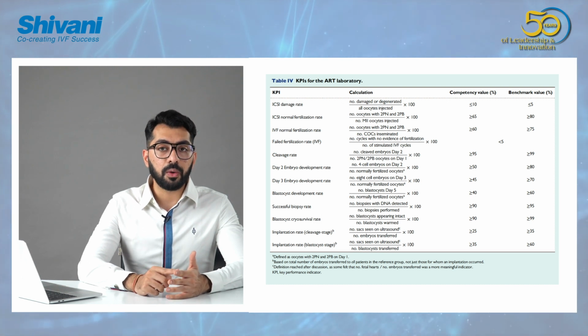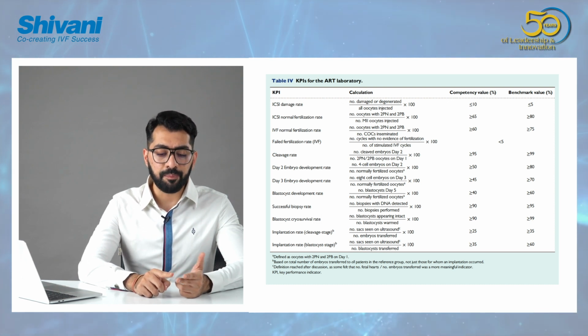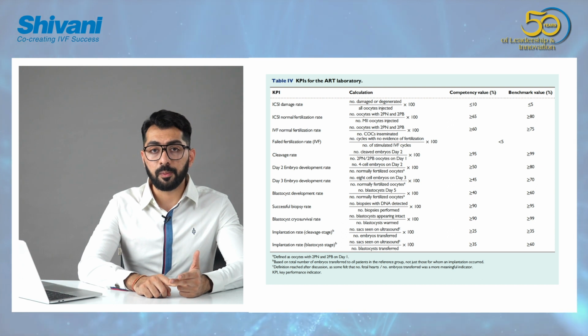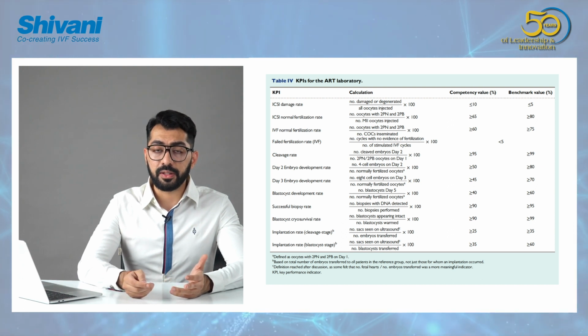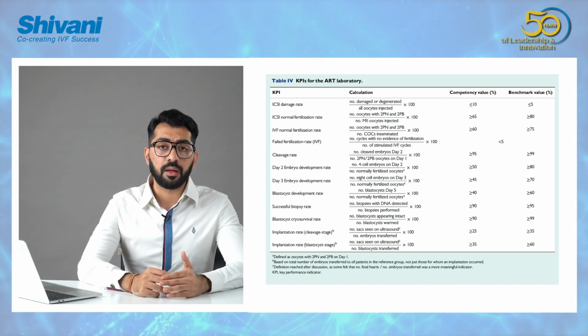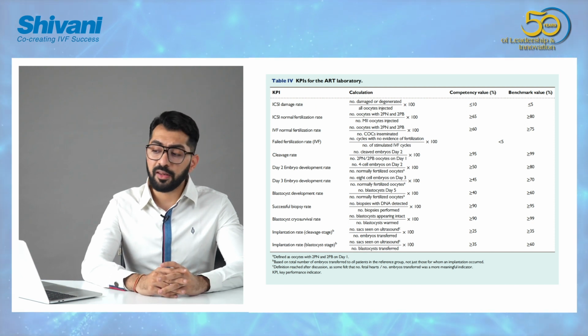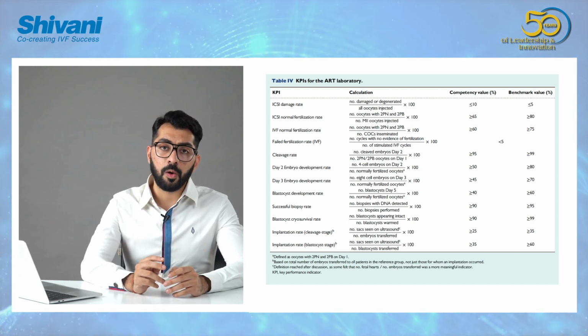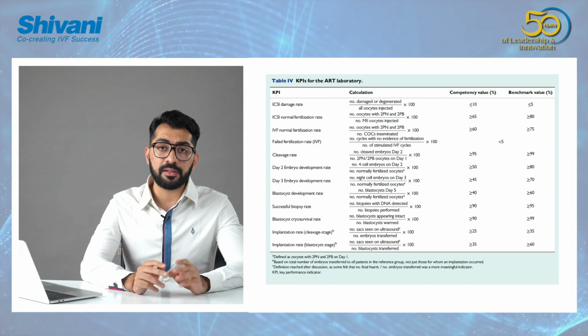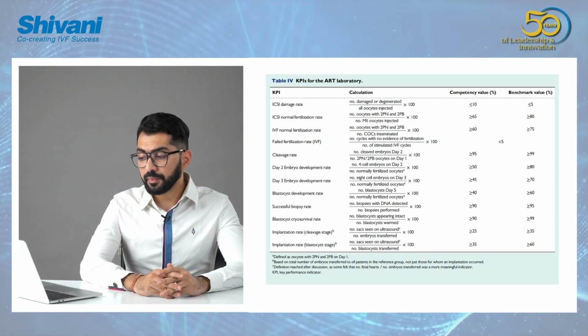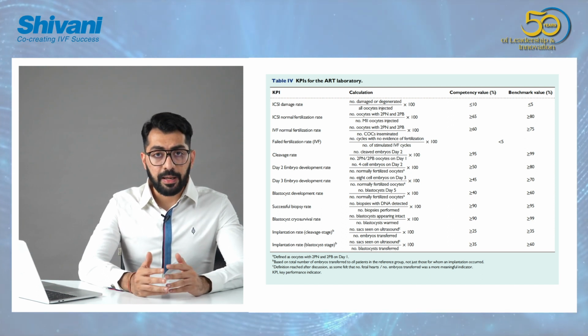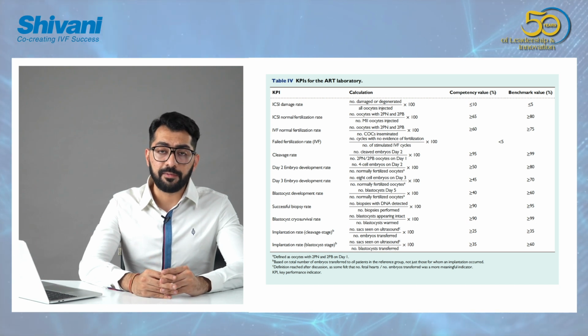Other things that I would want to consider here are the exposure time and the air quality within the laboratory, let's say the VOC content is higher, etc. These are important things that I would assess if my day 2 development rate or my day 3 development rate is going haywire.